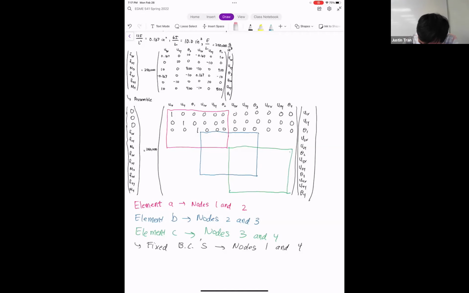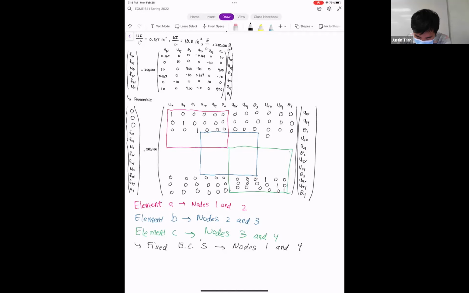Let me move that over a little bit. So we have a 1, 0, 0, 0, 1, 0, 0, 0, 1. It's a little squished on the bottom there, but of course everything that's not covered by any of the boxes there, we can fill in with zeros as well.